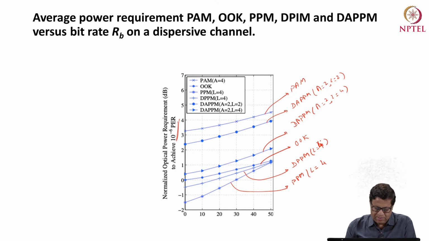So the power requirement is minimum in case of PPM, and the power requirement in DAPPM of different kinds is higher than PPM, but it has a high transmission capacity, and it is definitely less than PAM. So depending upon the power requirement and what kind of transmission capacity and bandwidth efficiency you want, one can select a specific modulation scheme.